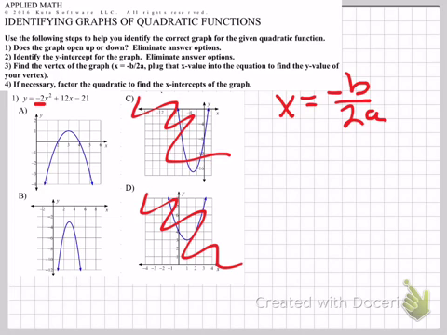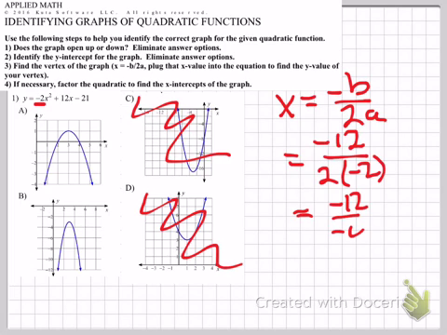For our equation, we would get negative 12 over 2 times negative 2, which equals negative 12 over negative 4. So x equals 3. If we look at the picture, we can see in A that the x value of the vertex is at 3. And same here for B.